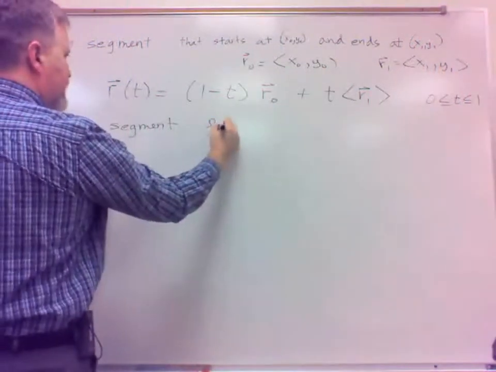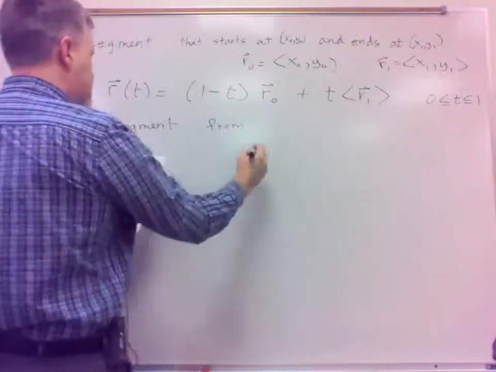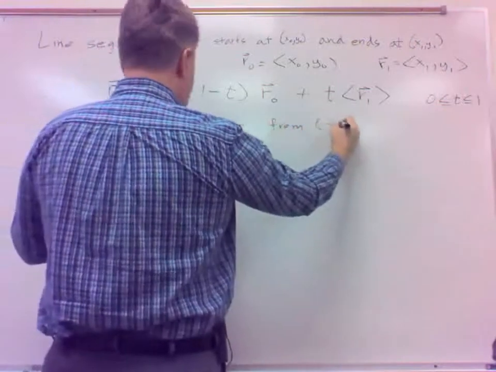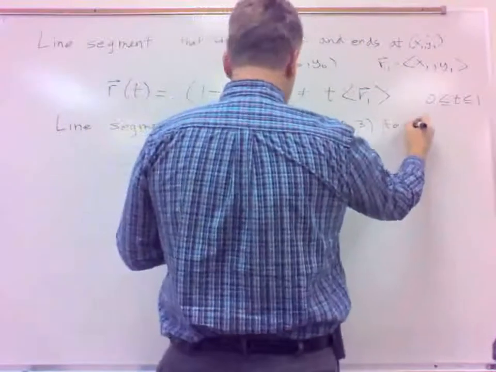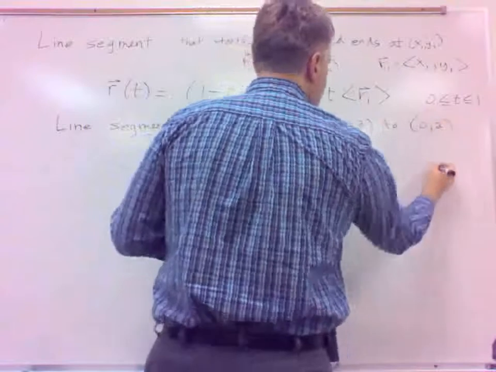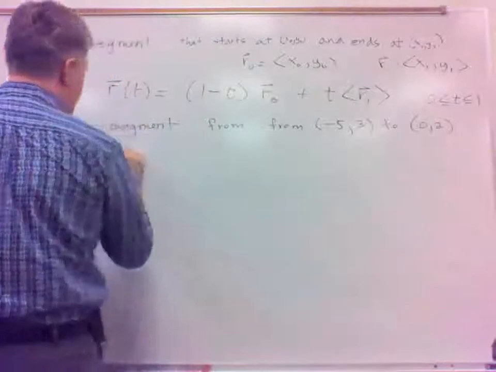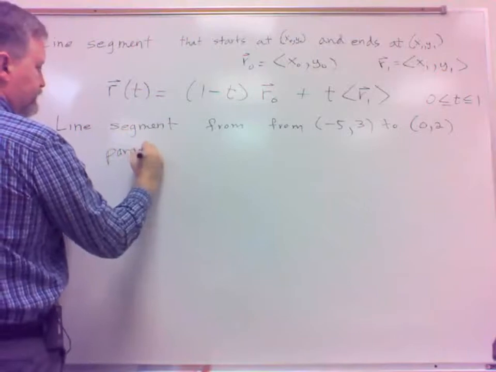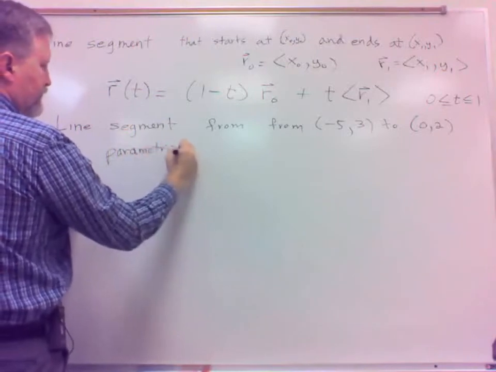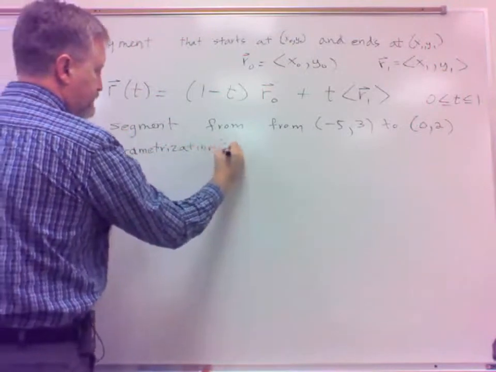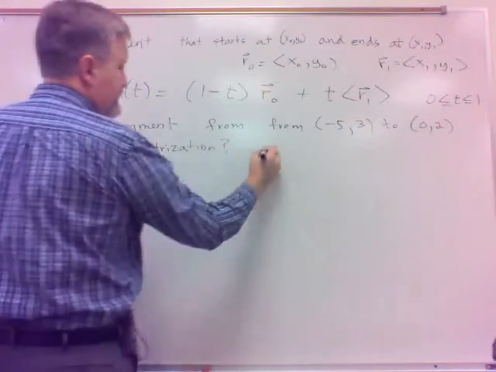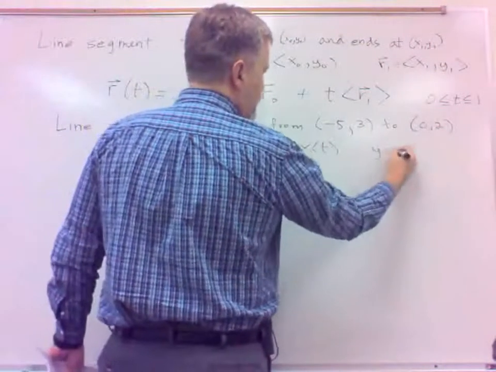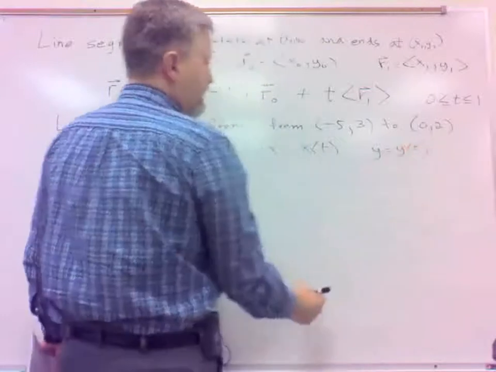All right, so what we're trying to find next is the line segment from negative 5, 3 to 0, 2. And what I want is a parameterization for that. In other words, x equals some function of t, y equals some function of t.